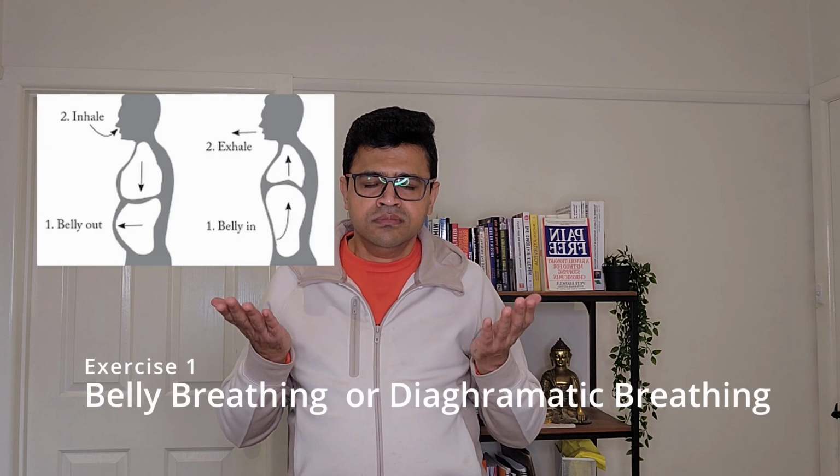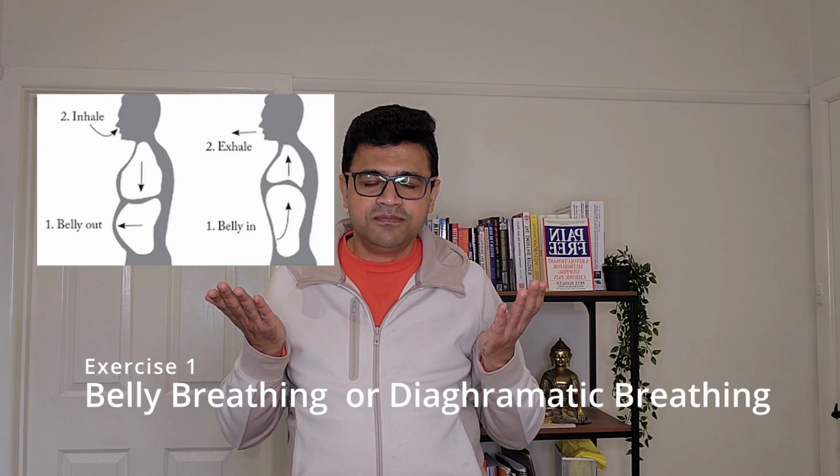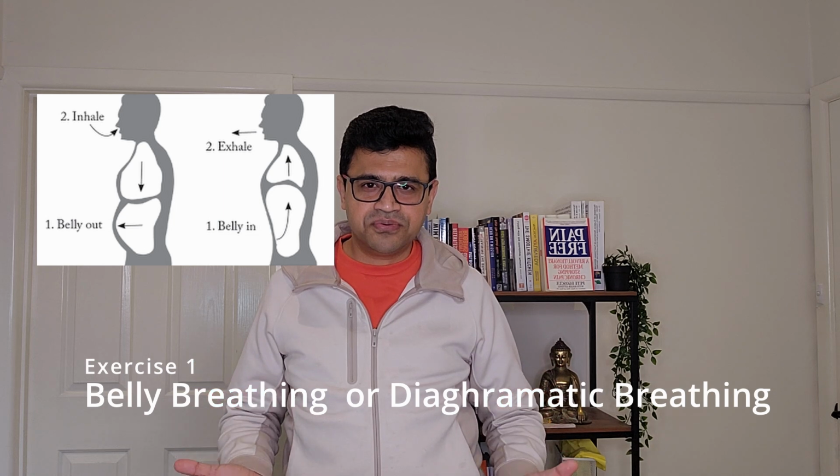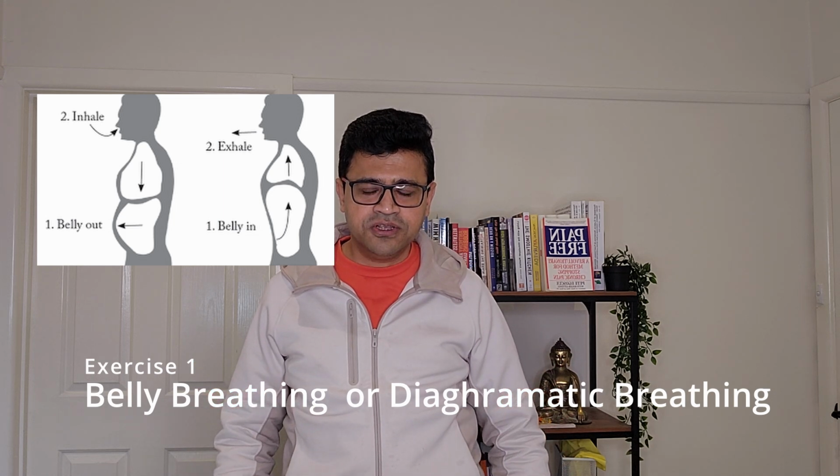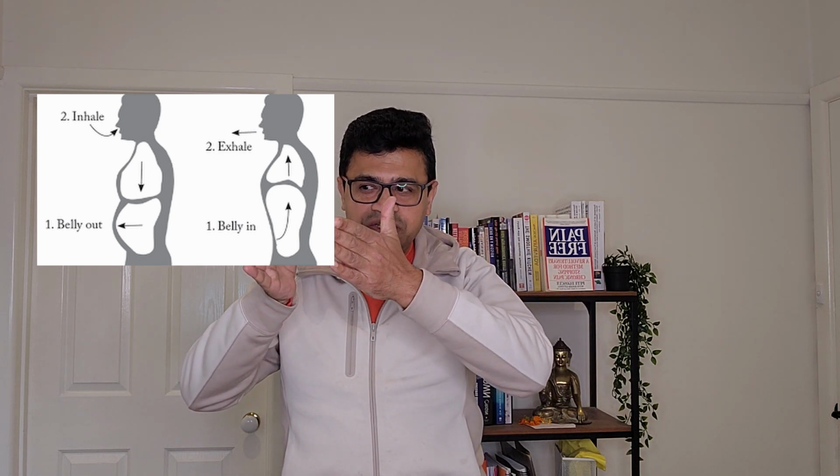So do deep breathing. Deep inhale, hold that inhale, and deep exhale. When you exhale, try to contract your stomach as much as possible and try to touch it towards your spine. You will see a pressure that will develop in the lower part of your abs. That's the right way to do the inhale and exhale.